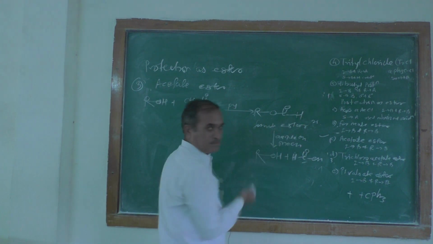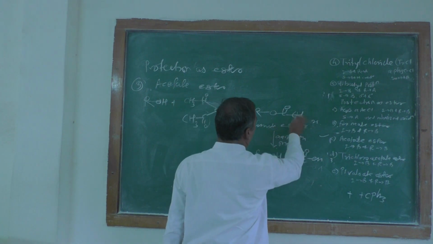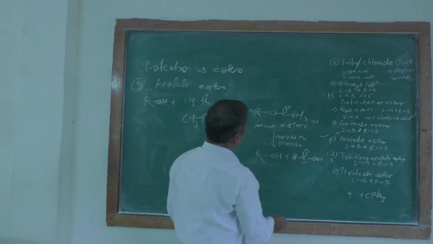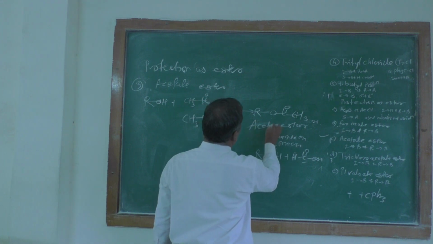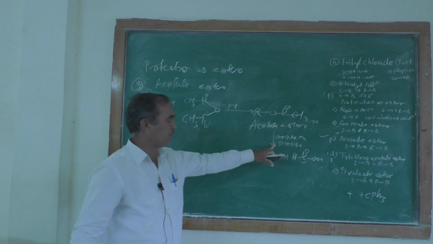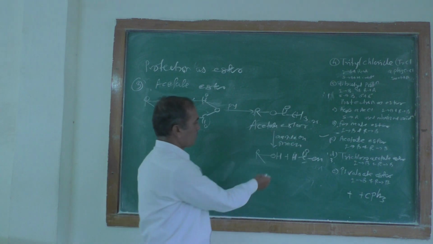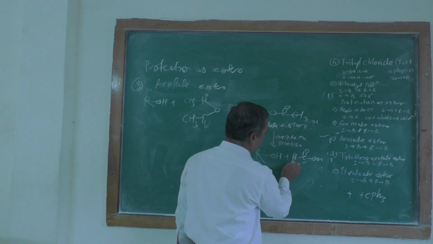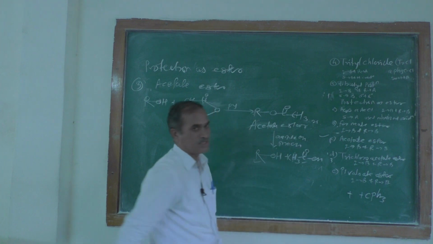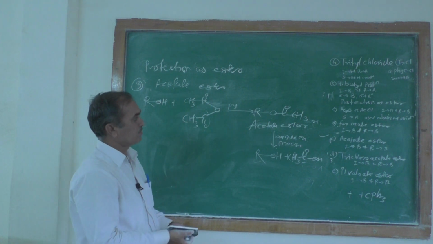Only changes I am making are here, you have to write CH3 properly. So that is an acetate ester, and further treated with aqueous sodium hydroxide in presence of methanol. What do you get? The alcohol is back, and instead of that hydrogen there will be CH3, acetic acid, that is a side product obtained there.